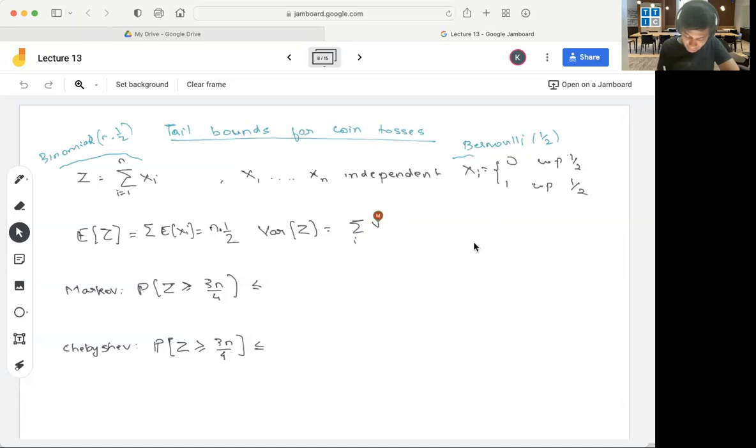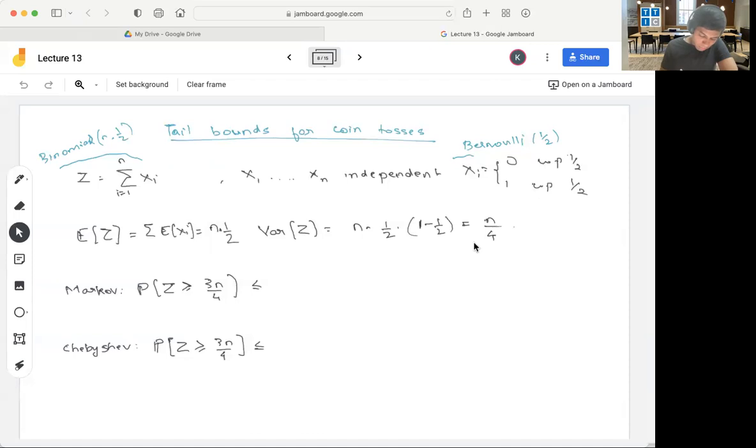In general, that's not true, so let me not write that as if it's an identity. It's just true in this particular case because of the independence. And the variance of each xi, for a Bernoulli random variable, is p times 1 minus p. So the variance is n over 4.